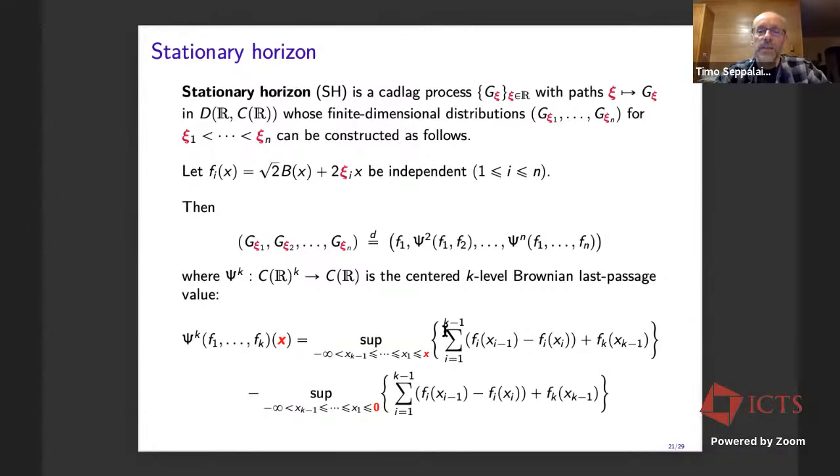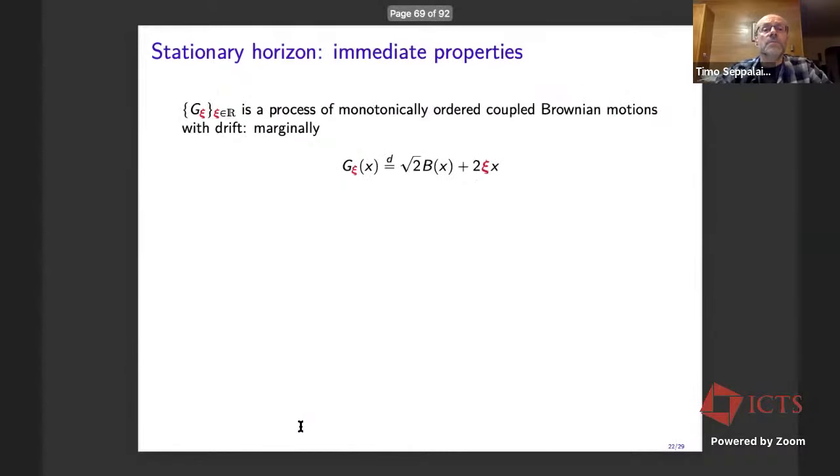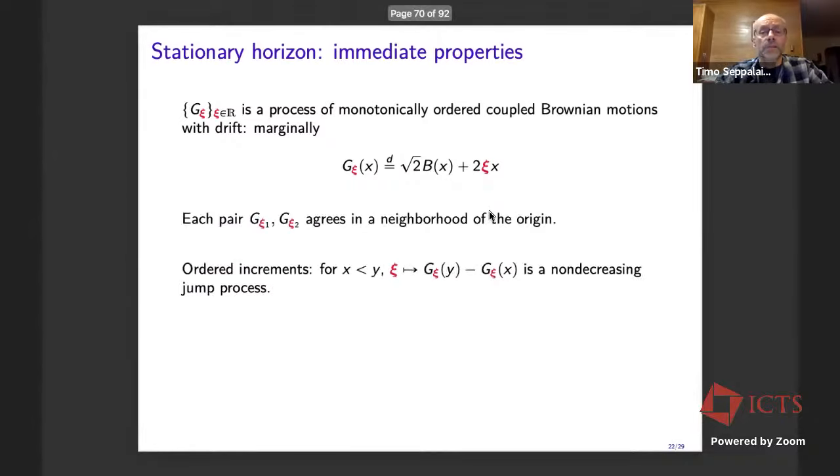It's enough to know that there's an explicit formula. But let me tell you some properties of this object. So this process, as I mentioned already, each individual state value is a Brownian motion with drift. So that's what I'm saying here. Again, diffusivity square root 2, drift 2 xi. They're coupled together in a very monotone fashion.